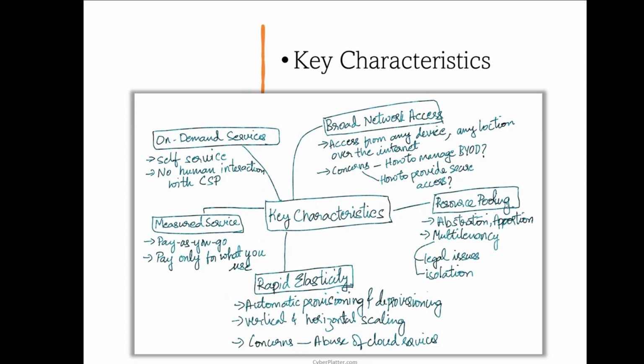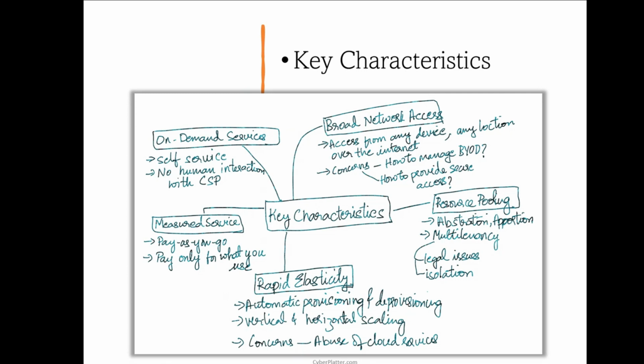Okay, the next one is resource pooling. Resource pooling is one of the fundamentals of cloud computing. Resource pooling actually allows the cloud service provider to meet various demands from the customers and also make it financially viable for the cloud providers, right? Resource pooling makes sure that the resources are not underutilized or overutilized.